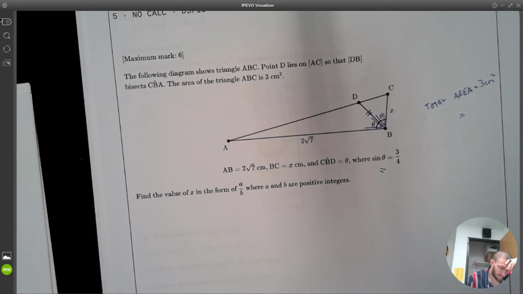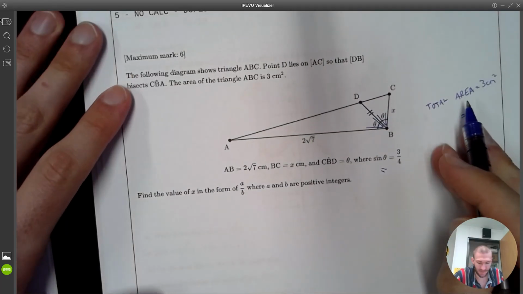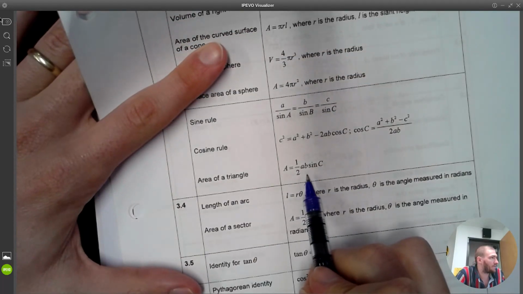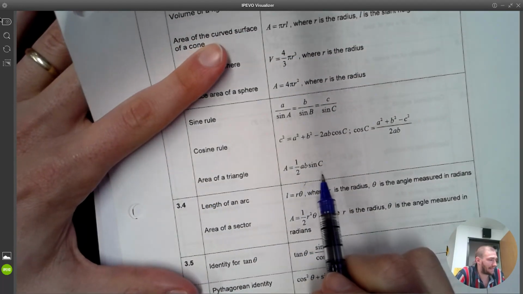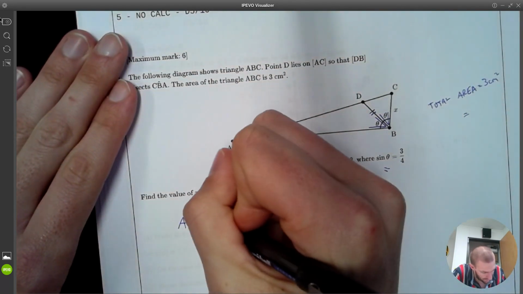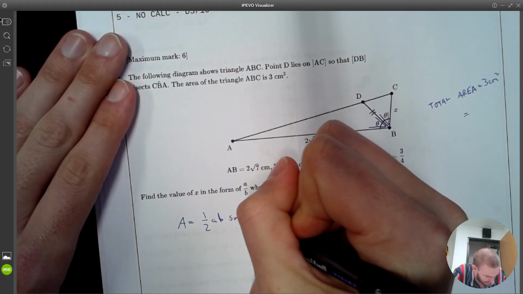So here's what I'm thinking. I know I need to use sine, and I know I need to use area. And so I know in my formula booklet here, I have this formula. Area of a triangle and sine. So let's get that down. The area is equal to 1/2 AB sine C.